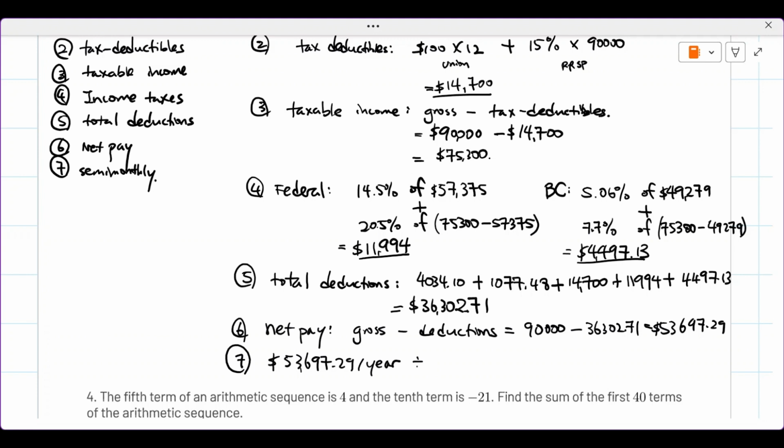Or if you want to be fancy, per 1 year, there are a total of 24 semi-months. If you have taken chemistry, you probably have done this kind of unit conversion method. So let's put this into the calculator.